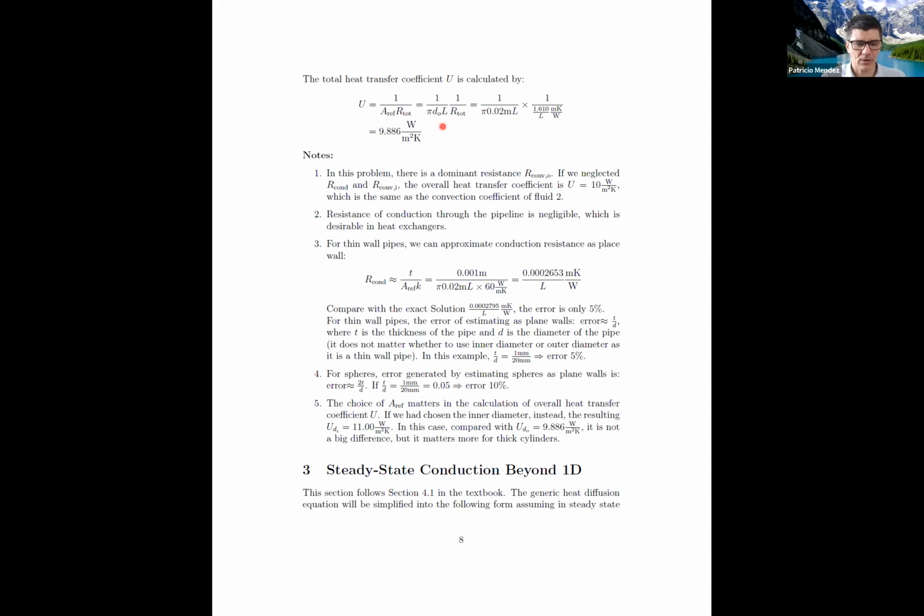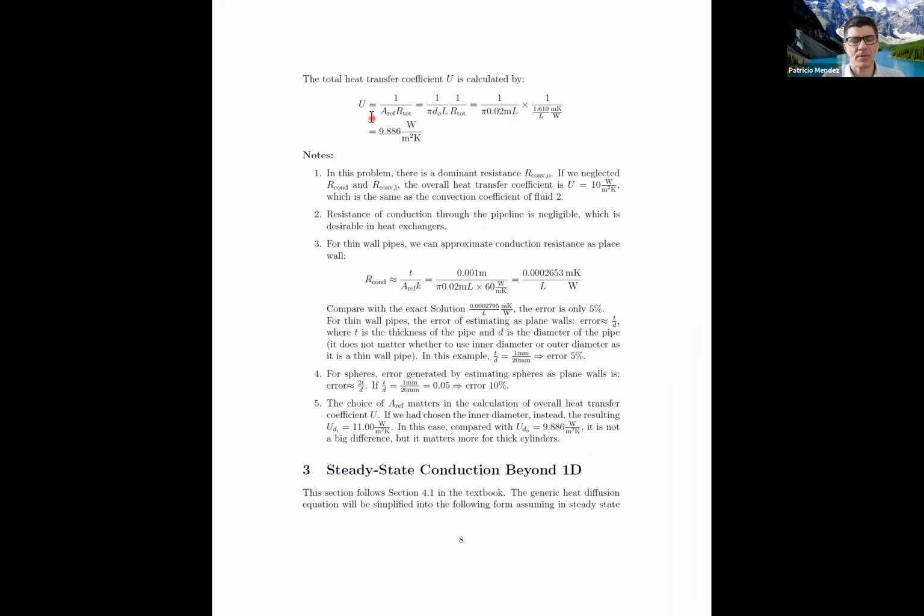So the overall heat transfer coefficient is dominated by the convection coefficient outside. And see the value we get, 9.886. What convection coefficient had we used for outside? 10. This is almost exact.